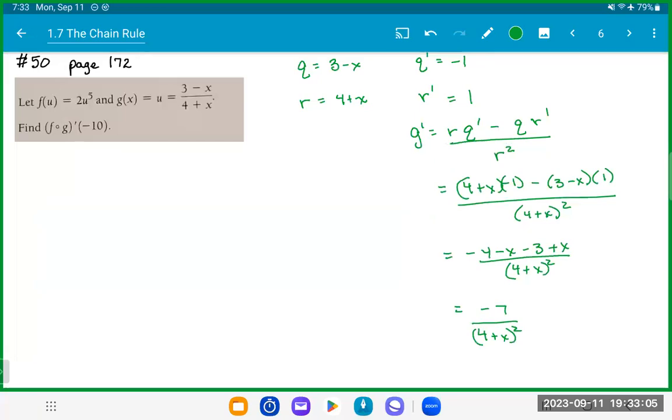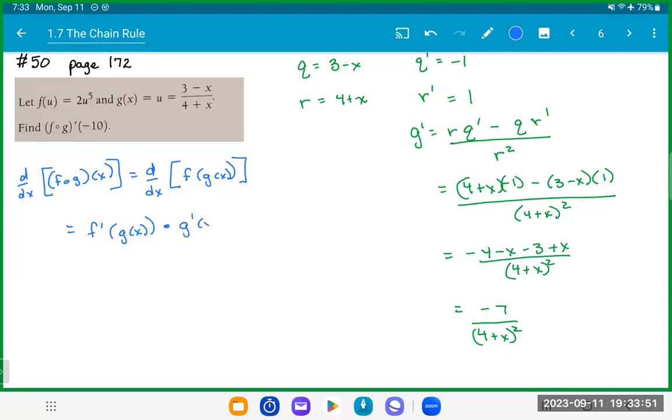And we need that as part of this problem, because remember, the theorem tells us for the extended power rule and for the chain rule that d/dx of f of g of x is equal to f prime evaluated at g of x times the derivative of g of x.